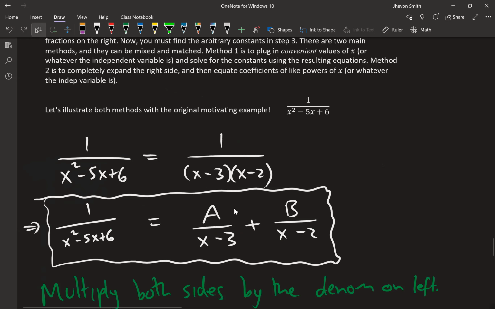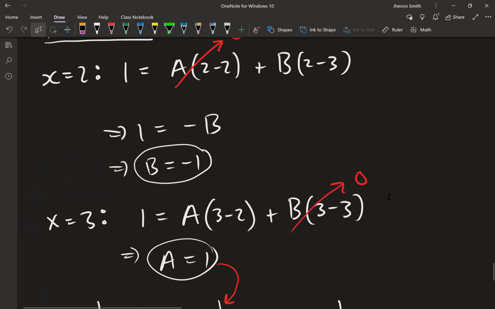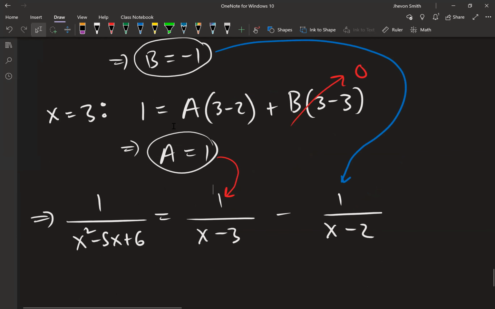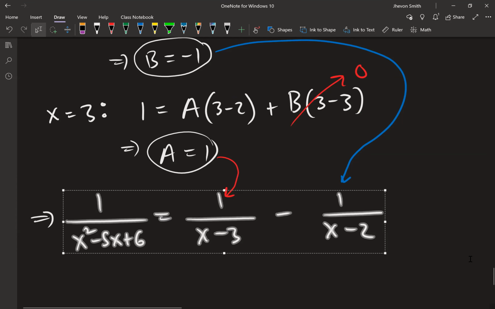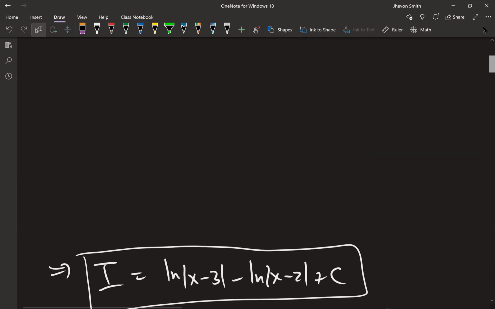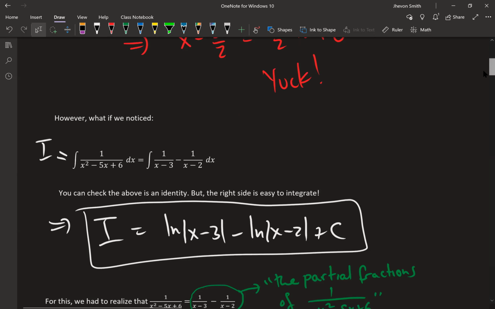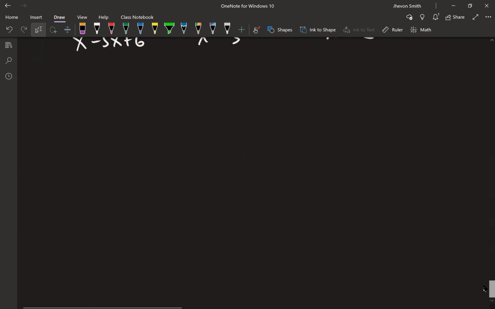It was a over x minus 3 and b over x minus 2. And this here is the b. And that is how I figured out this in the beginning. See, that's what we had here. Oh, interesting. Hopefully you followed that.